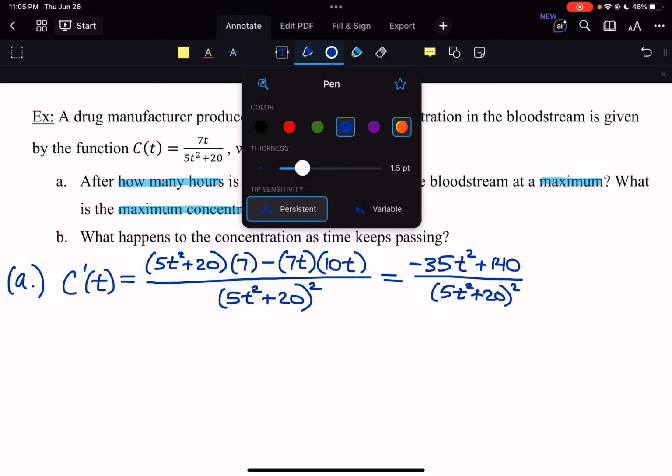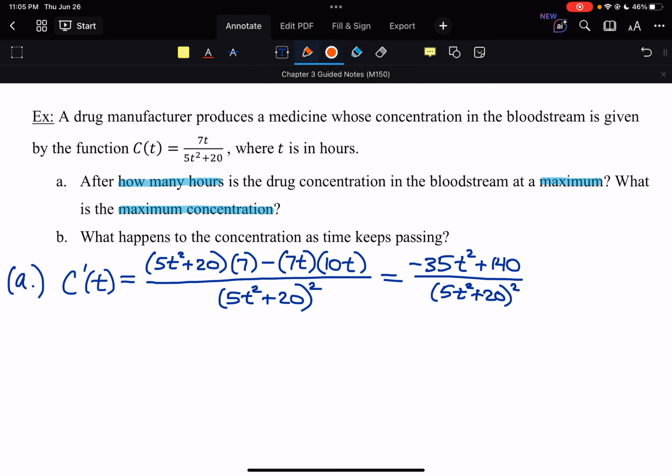In terms of potential solutions, you can get cases where the denominator makes the derivative undefined, which can potentially produce critical points, but that's not going to happen here because this value of t is being squared, so this number will always be non-negative, and then you add 20 and then you square that, so you're never going to get a 0 down here.